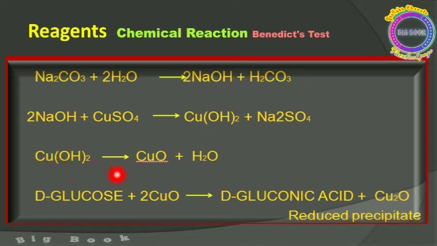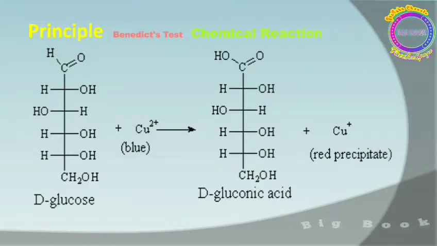After the formation of the reagent we are going to test this reagent with the glucose to give rise to D-gluconic acid and Cu2O, where the red precipitate will be observed. So this is how Benedict's solution is going to react with the reducing sugars.